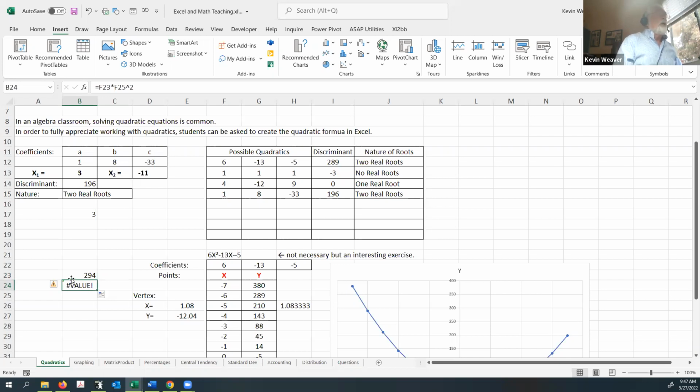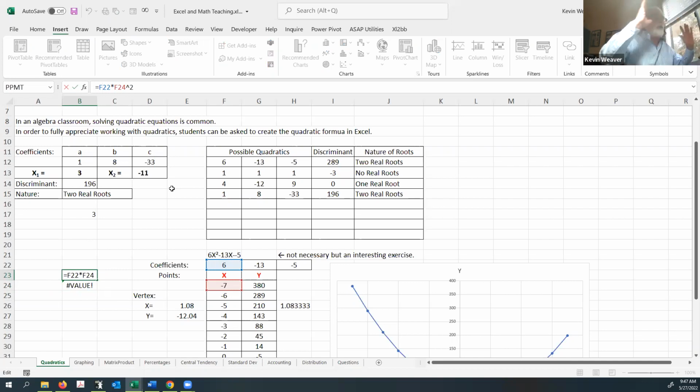The way you tell Excel not to do that is to say, I would like F22 to absolutely, positively not change when I drag the formula down. And you do that by placing, and I don't know why they picked this, $ signs in front of the things you don't want to change.